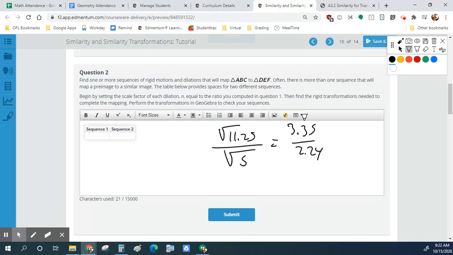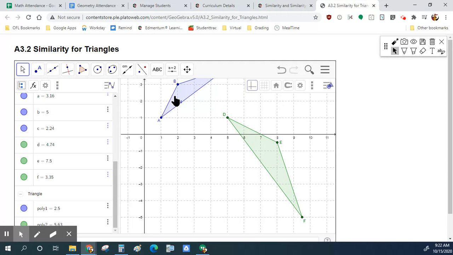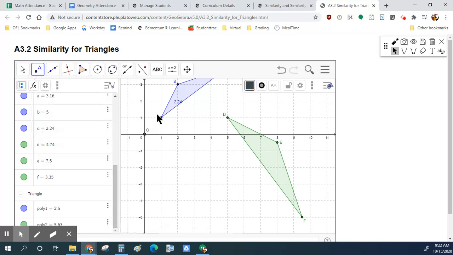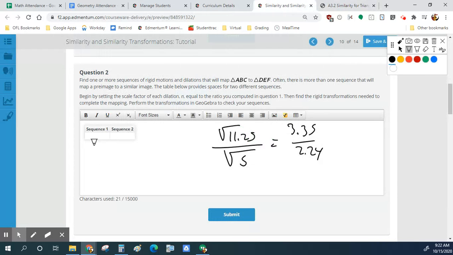All right. So now what we're going to do is first dilate this, making it bigger. So I am going to do a dilation, and I'm going to do it in the geometry sense.